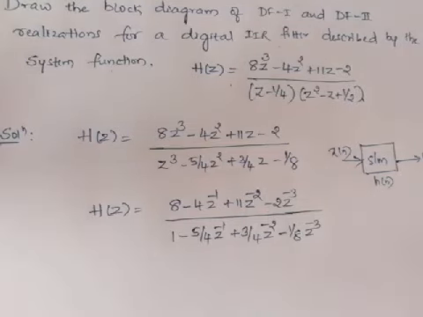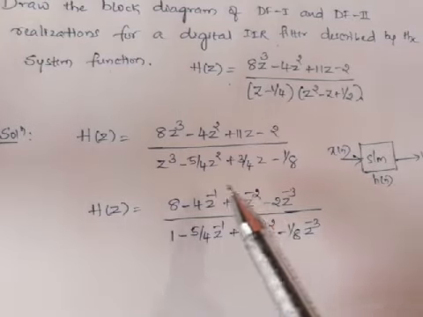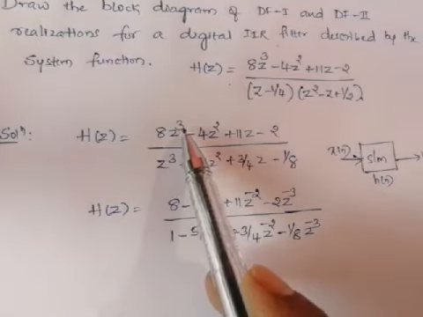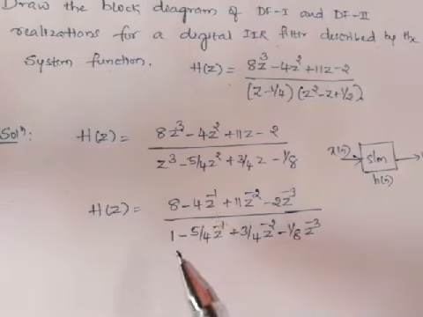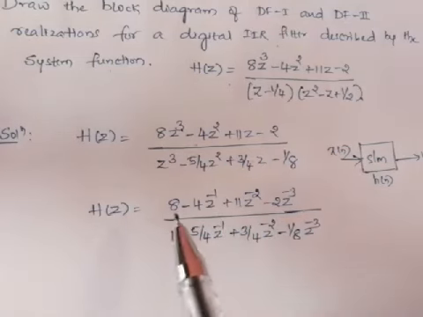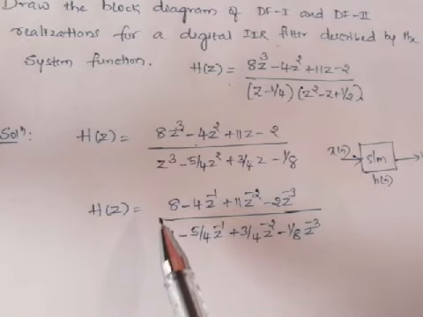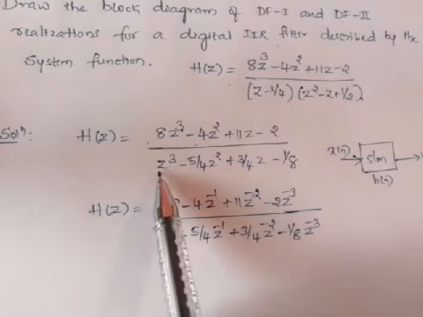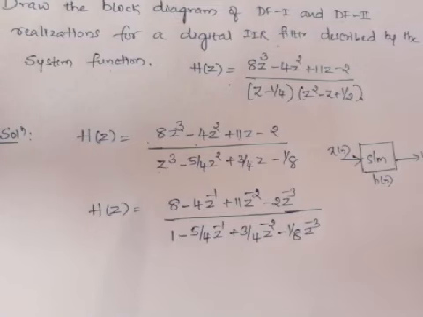As I told, we have to express in terms of negative powers of z. Observe the numerator and denominator terms; the highest power of z is 3. So let us multiply the numerator and denominator by z to the power minus 3.